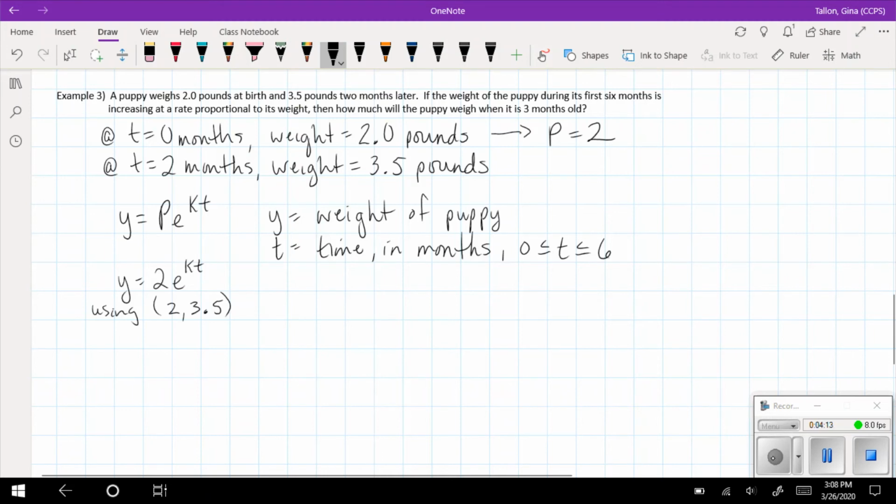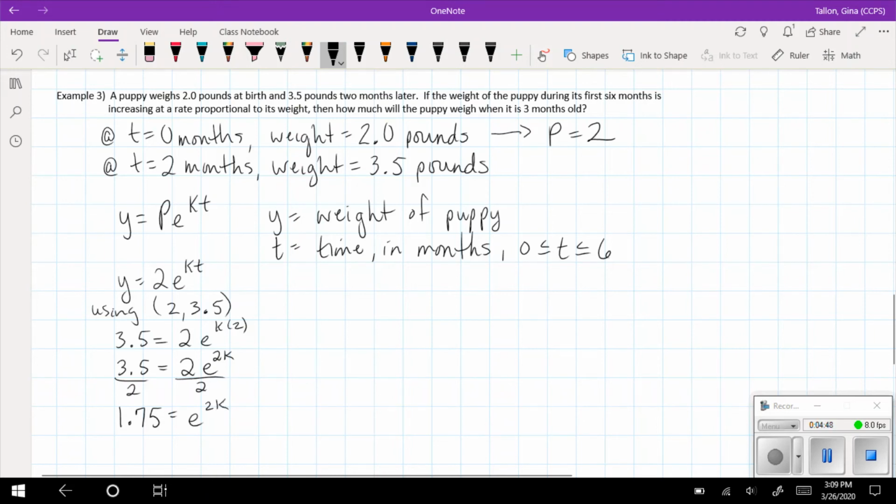So my y is 3.5, I'm going to put a 3.5 in here, equals 2 e to the k times 2. So this is going to be 3.5 equals 2e to the 2k. Just to clean that up a little bit, I'll divide both sides by 2 to eliminate that leading coefficient. This gives me 1.75 equals e to the 2k.